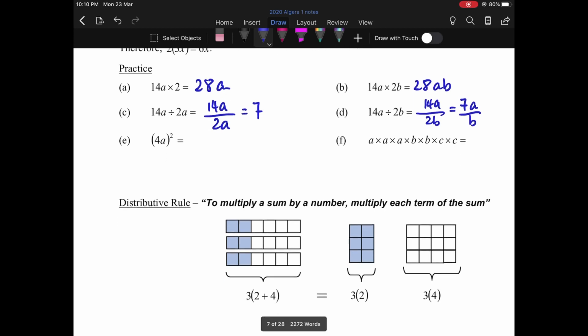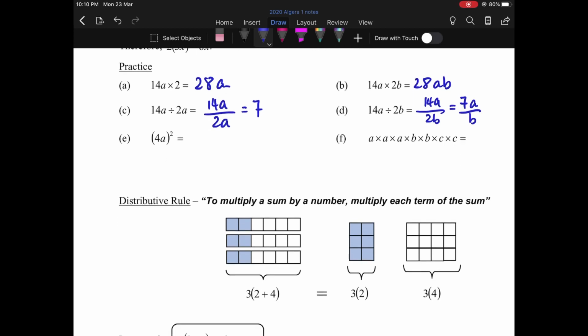For part E, now this is the square of 4a. So you need to multiply 4a by itself. So this is equivalent to 4a multiplied by 4a. 4 times 4, 16. And a times a, it's a to the power of 2.